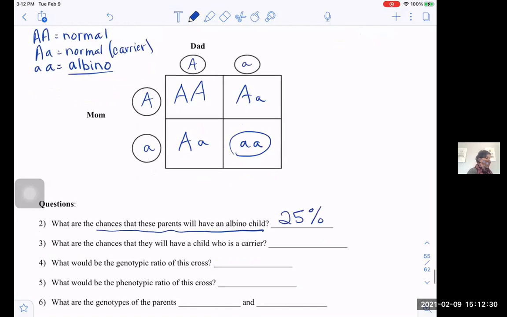All right, what are the chances that they're going to have a child who's a carrier? Yeah, so 50%, the 2 heterozygous. And then what would be the genotype ratio of this cross?